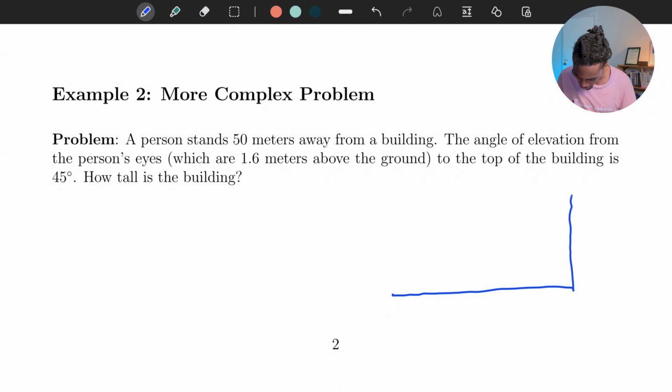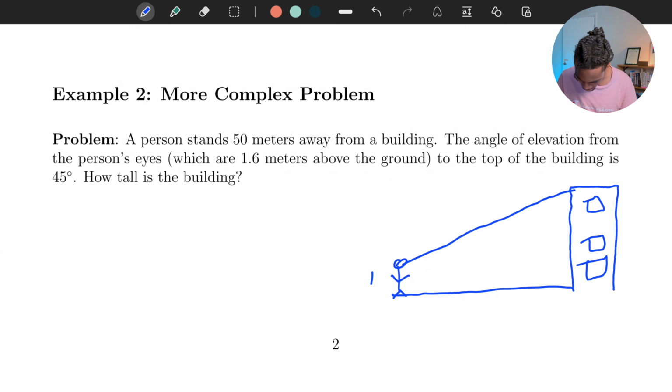So we have the building over here, and we have the person here, and they are looking from here up to the top of the building. This is 1.6 meters.